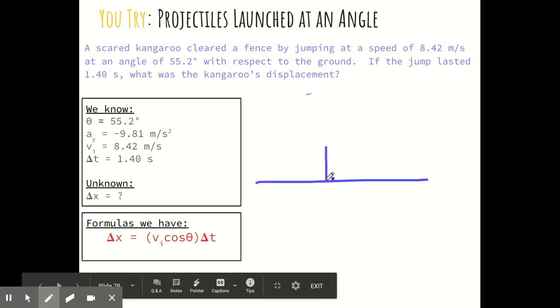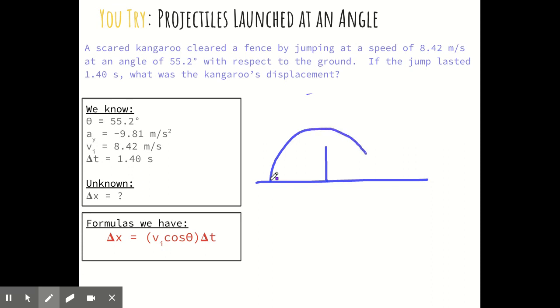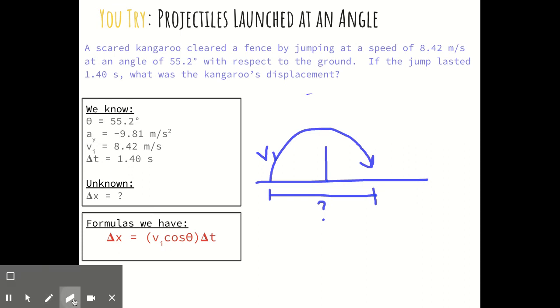We have a fence, and the kangaroo's hopping over it. We want to find his horizontal displacement. We know his initial velocity was 8.42, the angle was 55.2, and the time was 1.40 seconds.